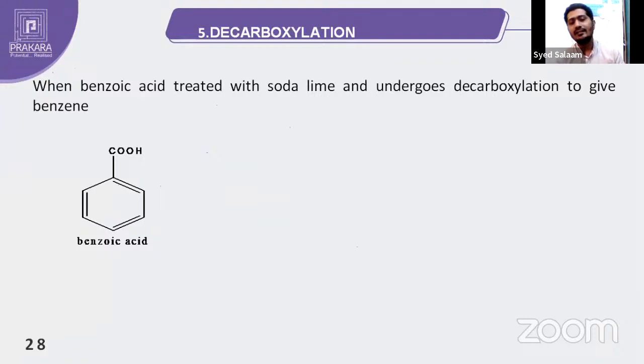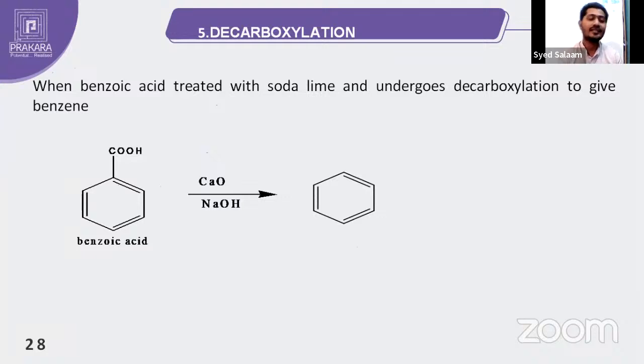When benzoic acid is treated with soda lime, what is soda lime? A mixture of calcium oxide and sodium hydroxide is called soda lime. It undergoes decarboxylation, meaning the carboxyl moiety gets broken down and benzoic acid gets converted into simple benzene.